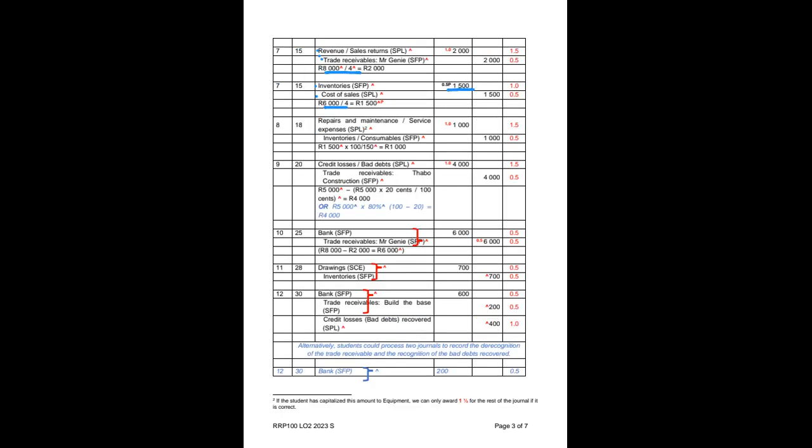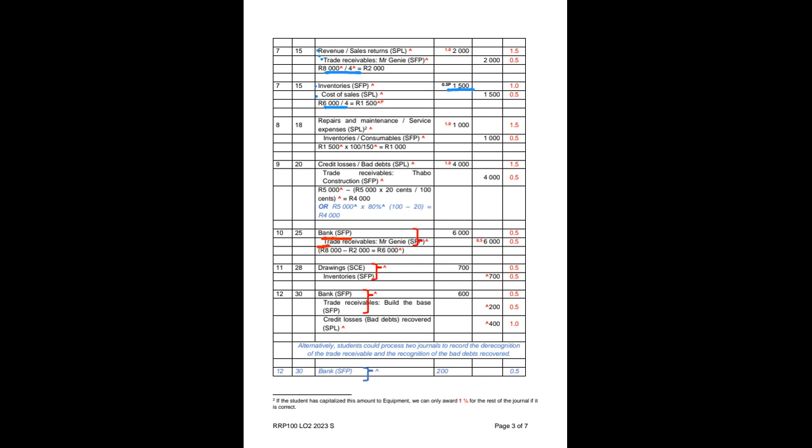Page 3 of your solution, and you see we've got a journal entry there, debit bank, because clearly Mr. Genie was a debtor. So if we say he settled his account, it means that he can't pay that one debt by creating another debt. So it has to be that he's paid it with money in our bank. So therefore, we debit bank, credit trade receivables for 6,000 Rand.